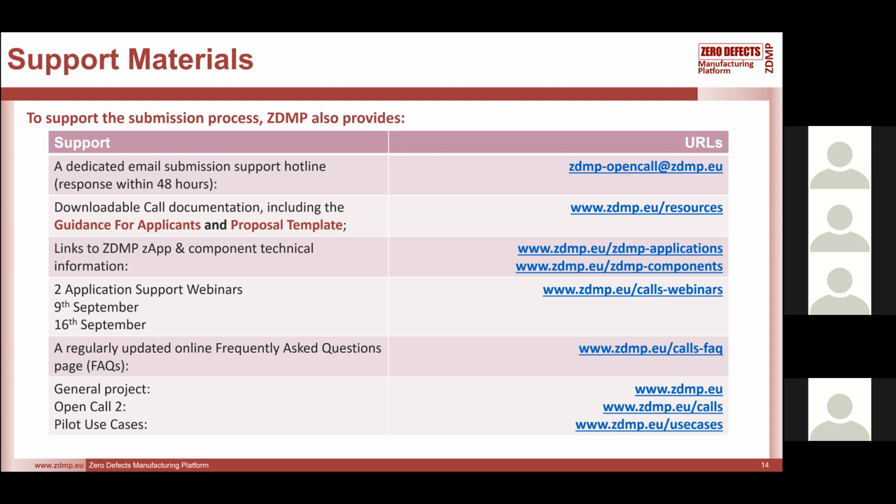And those that tended to get awarded were the ones that had taken the time to read carefully about the components, to understand how they fitted with their own services or products or applications. And that meant they could then put together a more limited list of components, but a more accurate and detailed one. So that would be a bit of advice to you to spend some time understanding what we have available in terms of components and applications and really understanding how they can match with what you want to do.